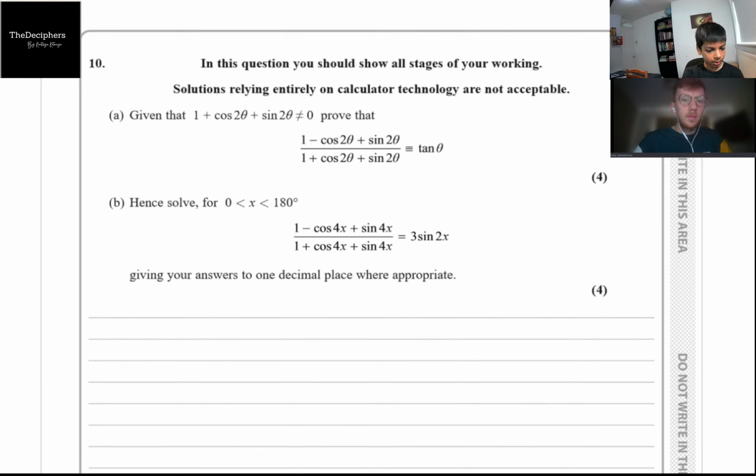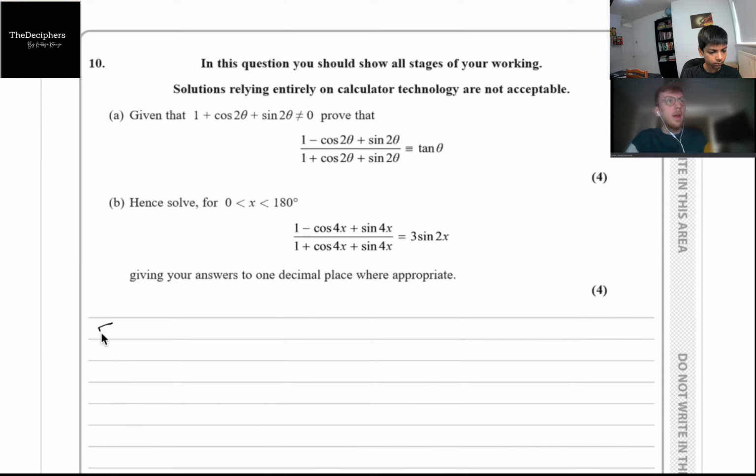And that's part A, and part B is, hence solve for 0 is less than x is less than 180, 1 minus cos 4x plus sine 4x divided by 1 plus cos 4x plus sine 4x is 3 sine 2x, giving your answers to one decimal place where appropriate.